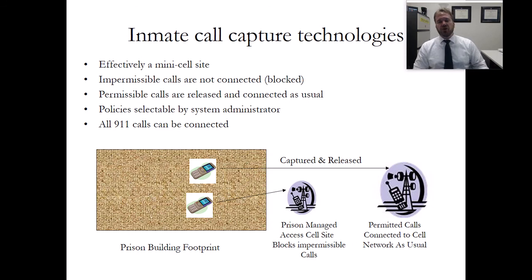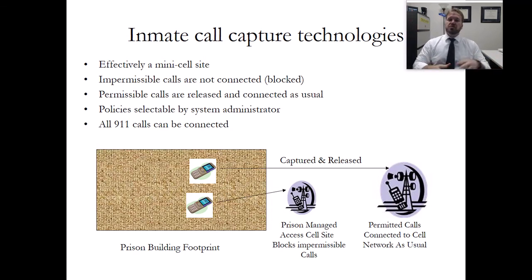So there's a little bit better option than jamming calls, which is inmate call capture technology, which is effectively a miniature cell phone site. Impermissible calls will be blocked and won't be able to connect to the cell phone tower.